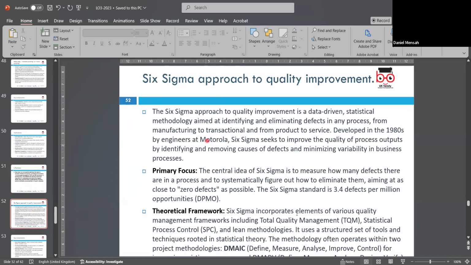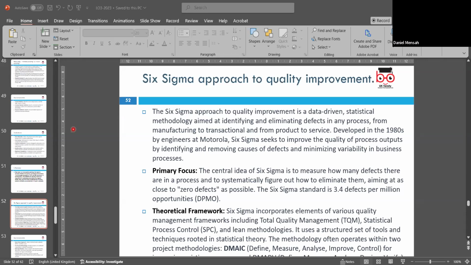The Six Sigma approach, we already discussed this approach, but we will quickly go through what this approach says. Six Sigma is also a data-driven methodology. It helps to improve process quality, and it also focuses on eliminating defects and minimizing variation in your processes.